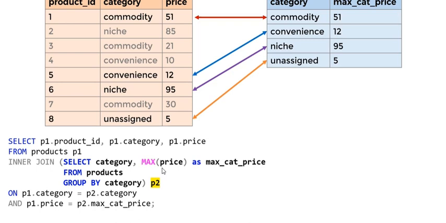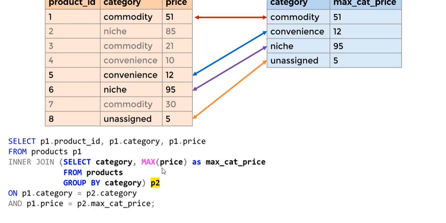Here we alias it as P2, so that entire table will be table P2. So on P1.category, here category-wise, in the employees table we would match department-wise. P1.category equals P2.category, and we have to match the category and give the maximum.